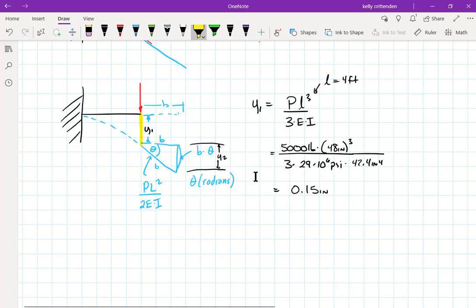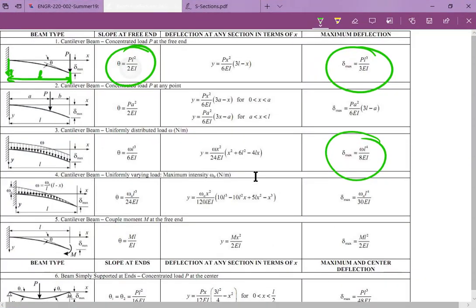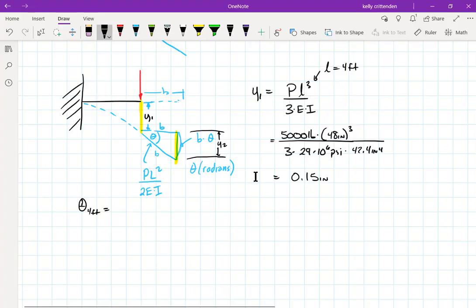Now that number is only the deflection here. So it's not the total deflection at the end of the beam. To get the total deflection at the end of the beam, we need to add in that number. So that one we said was B, which is 3 feet, times theta. We don't know theta. So theta at the end of the short beam, at 4 feet, we've got to go look that equation up: PL squared over 2EI.